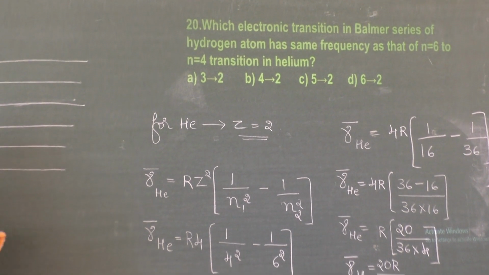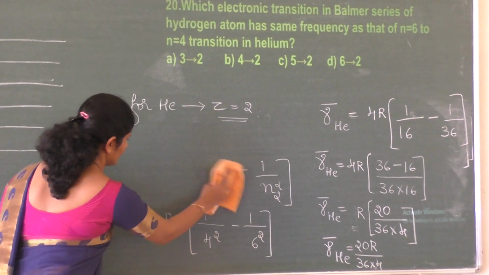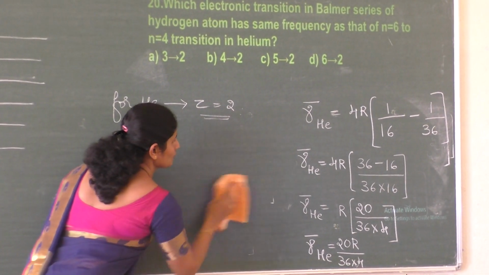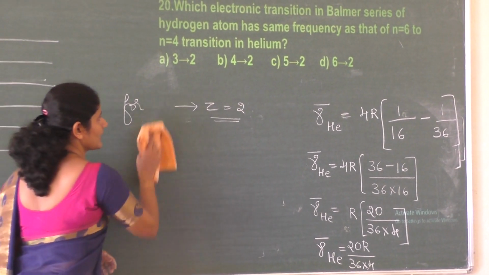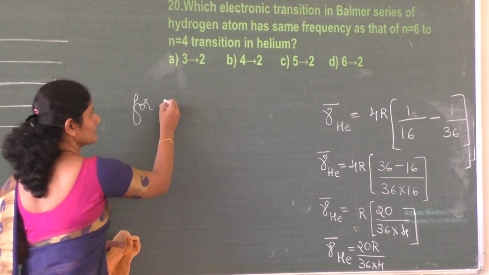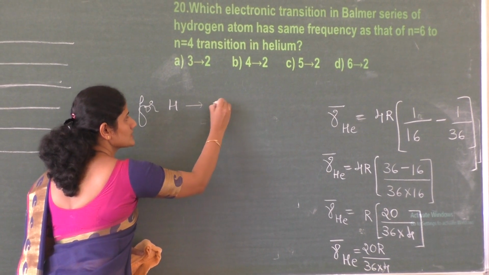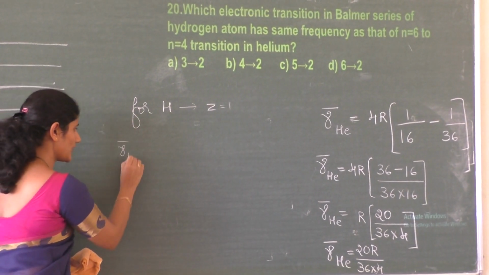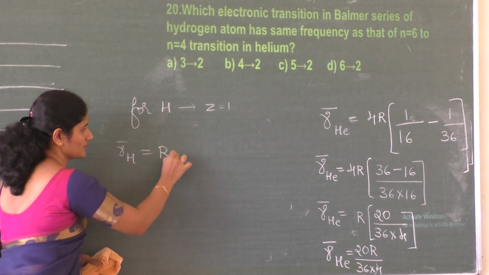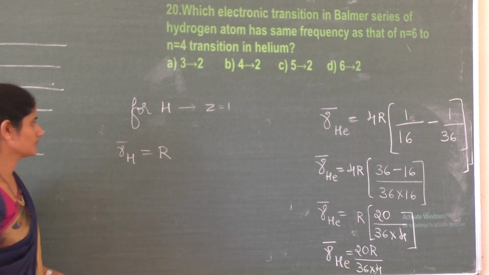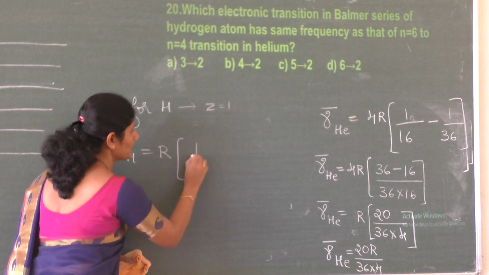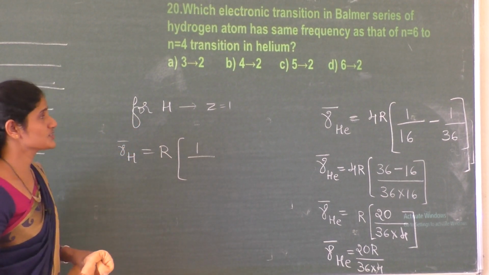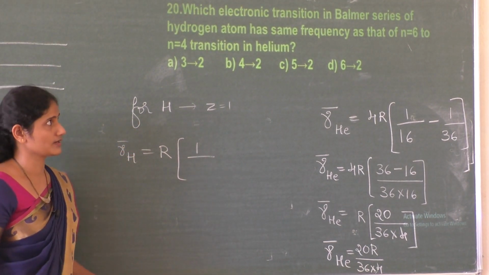Now let us see in case of hydrogen atom. For hydrogen atom, Z is equal to 1. So nu bar for hydrogen atom is equal to R only, Z is 1. So R into 1 by n1 square minus 1 by n2 square.